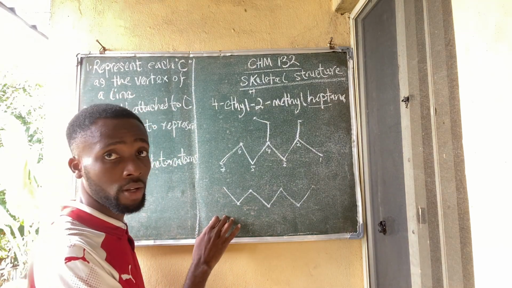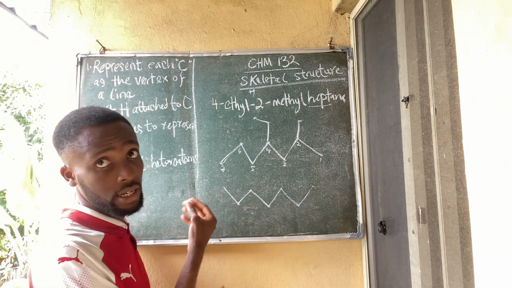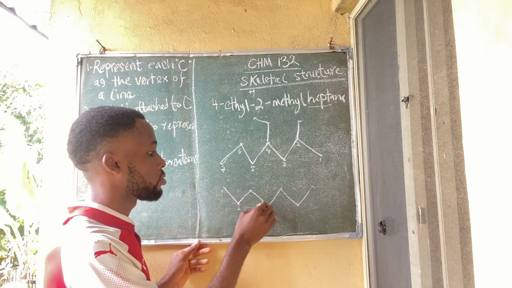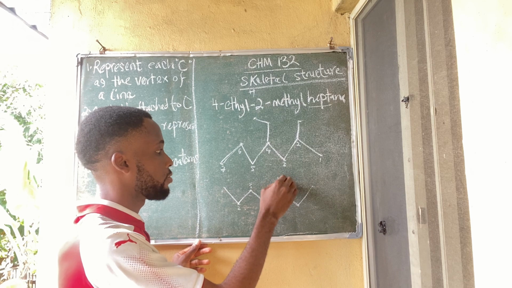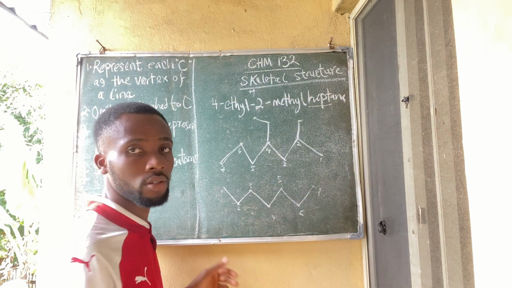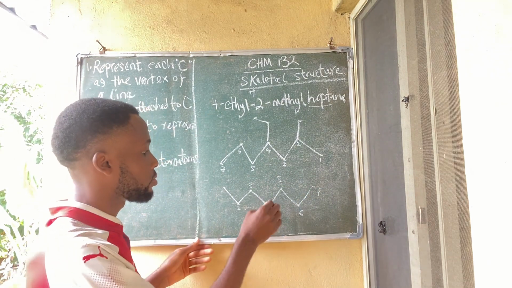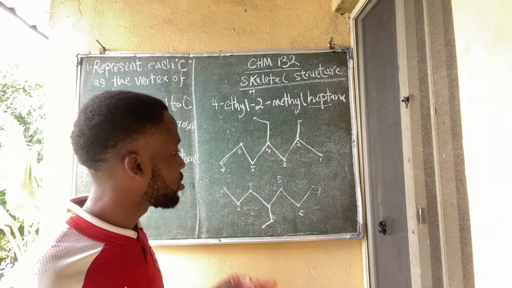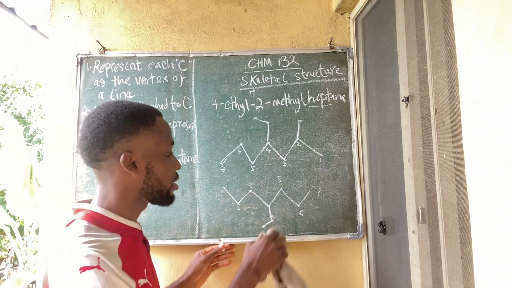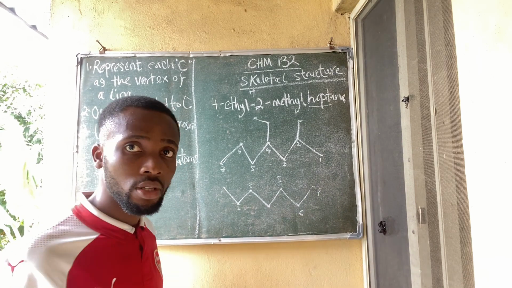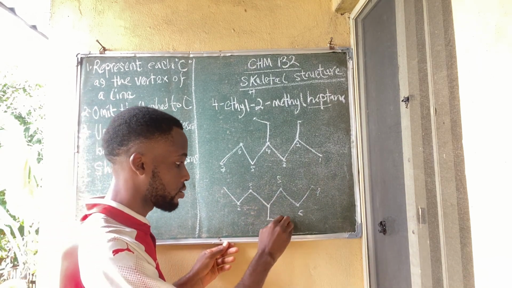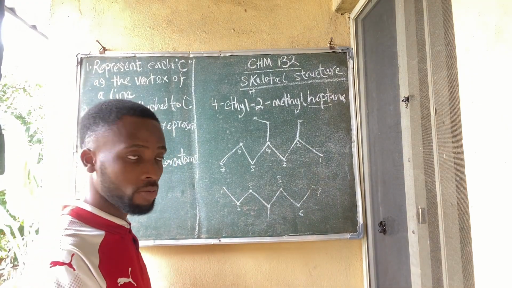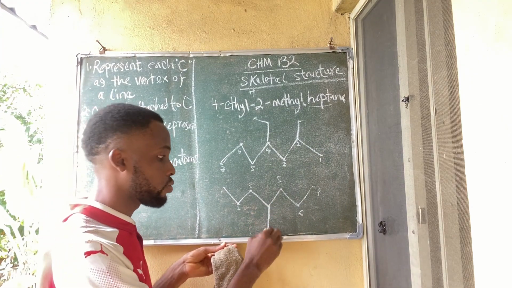So let's say someone else decided to draw it this way, and let's assume the person is also counting from this point. 1, 2, 3, 4, 5, 6, 7. Okay, 4-methyl, 1, 2. Someone might ask, is it a must that you must bend it to this side? You can as well decide to do it this way, just make sure it is not straight, because if you come now and say 1, 2, you're just wasting your time.